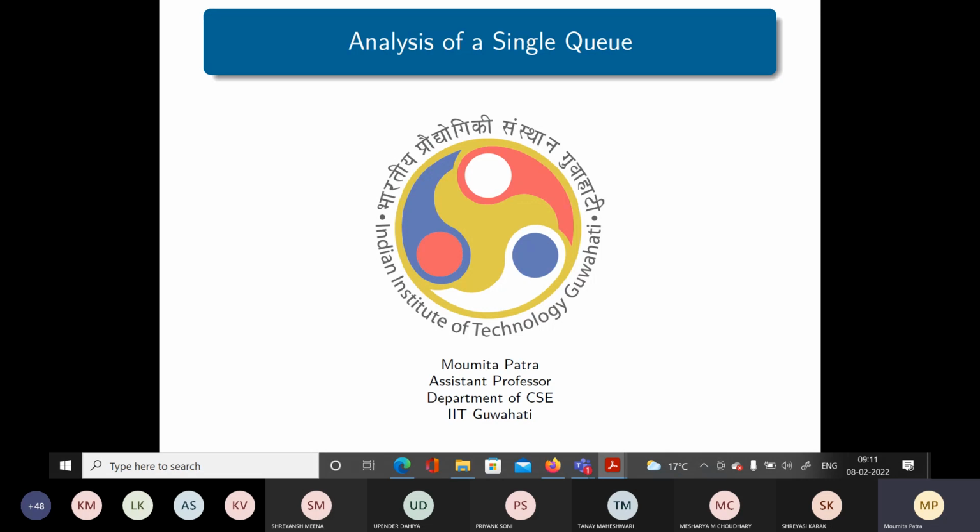What we are going to see today is that we start from the assumption of a birth-death process. That means we start from the assumption that an M/M/1 queue can be analyzed by assuming that it follows, or looks like, a birth-death process, and from there we will get the transition probabilities, analyze the system, and find the different values that we had already derived yesterday.